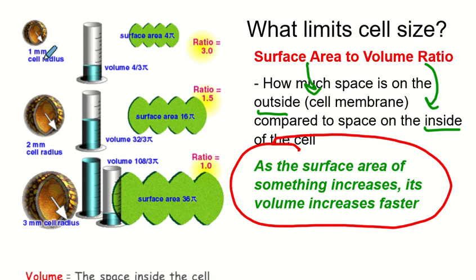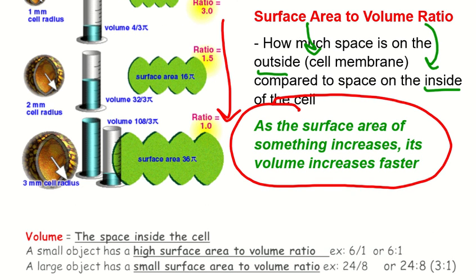And we can see that with 3 different cell radiuses, where 1 millimeter radius, 2 millimeter radius, 3 millimeter radius, and calculating the surface area to volume with that, the ratios decrease because the volume is getting bigger as you increase the surface area. So remember, volume is the amount of space something takes up.